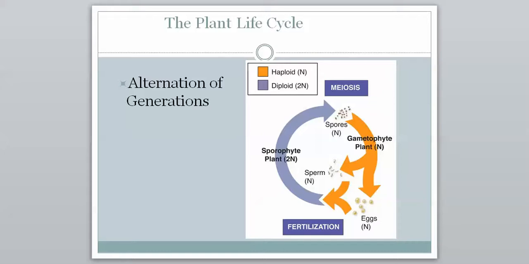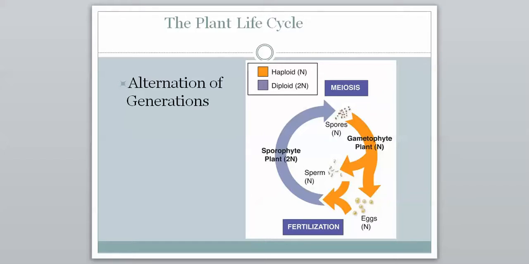So these spores produce their own plant, and this is a whole plant, and it's called a gametophyte. So these spores produce an entire plant, and you notice it is still haploid. So this haploid plant produces sperm, which are haploid. It produces eggs, which are haploid. Sometimes this is done in the same plant, sometimes this is done in different plants.